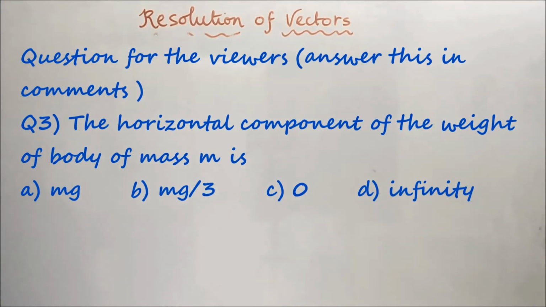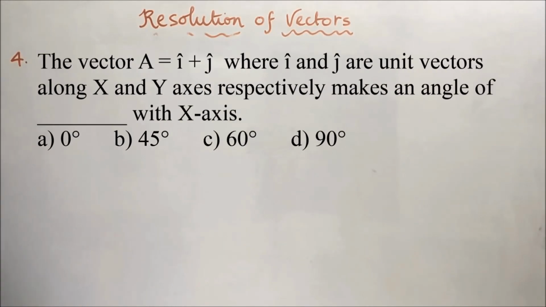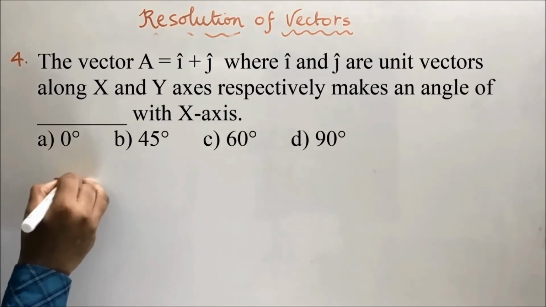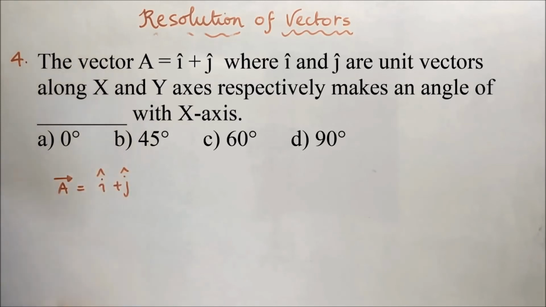Let's go to question number 4. The vector A is equal to I cap plus j cap, where I cap and j cap are unit vectors along x and y axis respectively, makes an angle theta with the x axis.